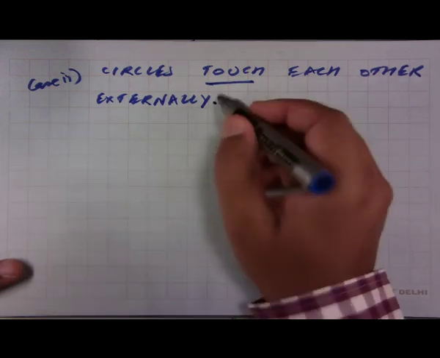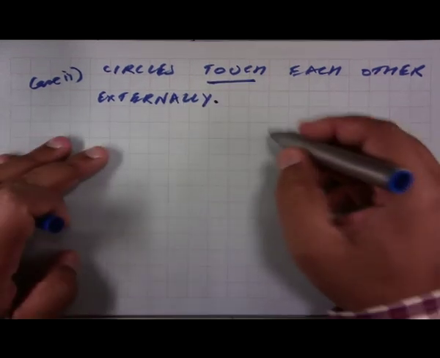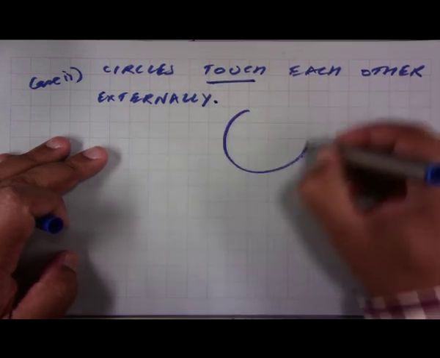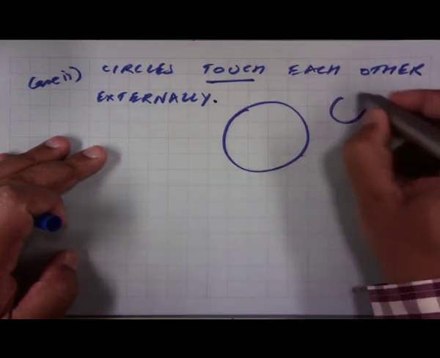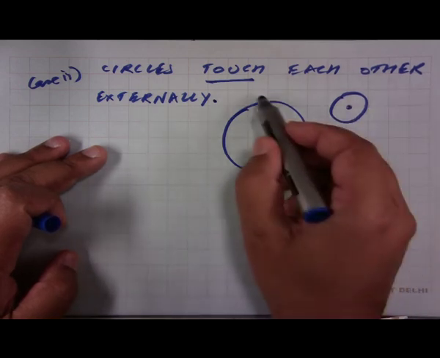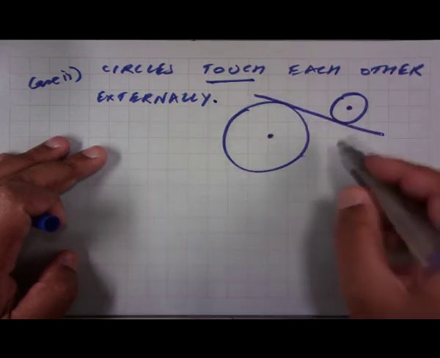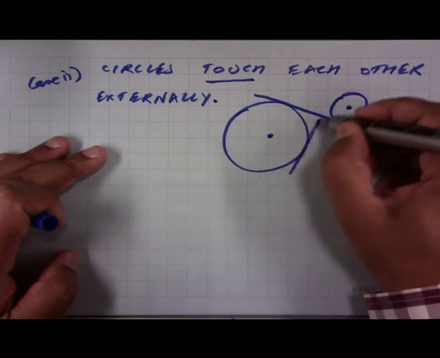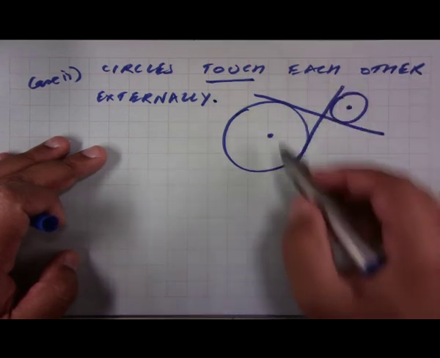Let us remember what had happened in the previous case. In the previous case, the circles were neither touching nor intersecting, and then we had two direct common tangents and two transverse tangents as well.